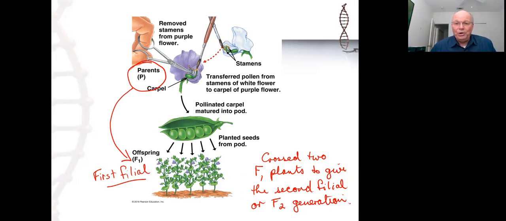Again, being very cautious, wanting to know that doing it one way would give the same result as doing it the other way. So whether it was self-pollination or transferring pollen between two F1 plants, the end result is what is known as the second filial generation, or the F2 generation. He realized he needed to do that to really understand what the inheritance patterns looked like. And you'll understand why when we talk about his first set of experiments, which we will do shortly.